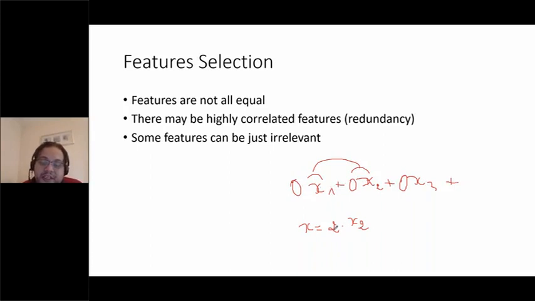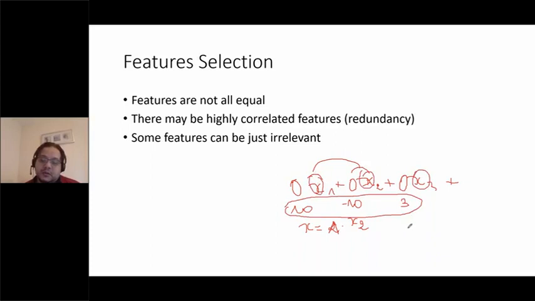Just to simplify, x1 and x2 are always the same. Say the coefficient here is 10, this one is minus 10, and this one is 3. When we look at this, we will probably say that these two features are more important than this one. Yes or no? Because here it's 10, minus 10, we don't care about the minus, we just care about the absolute value.